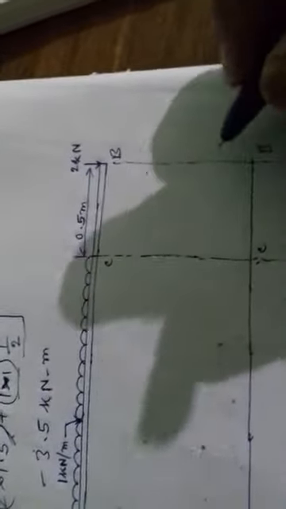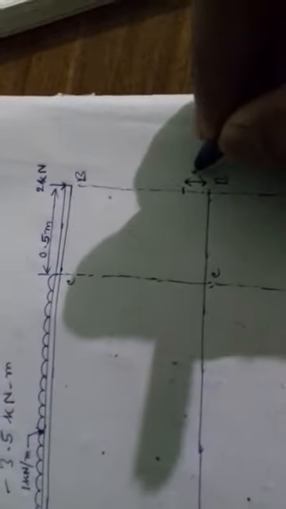So now starting from B, as the shear force at B is 2kN, so at point B take some point equal to 2kN.